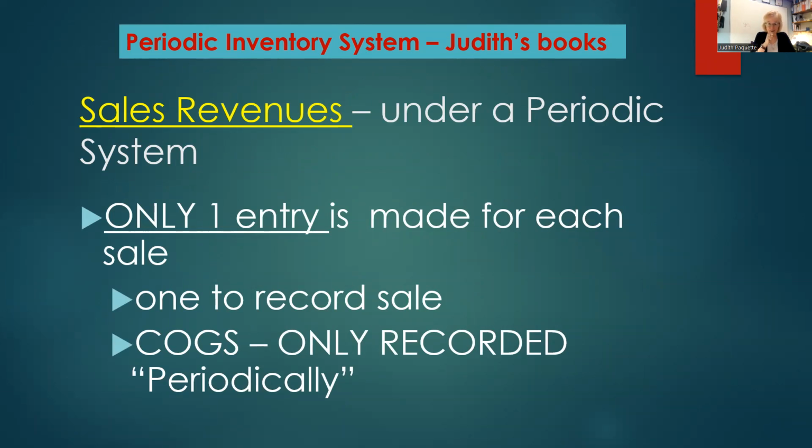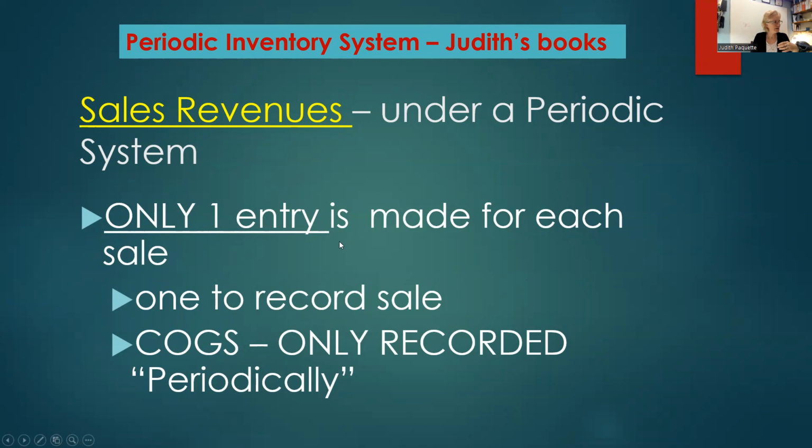All right, so periodic is easier in some ways and harder in some ways. A periodic system would be more like a small store that can't afford tracking their inventory all the time. They have to do a count. Maybe they do it once a month. If they don't count their inventory, they don't know what cost of goods sold is. So you have to count regularly.